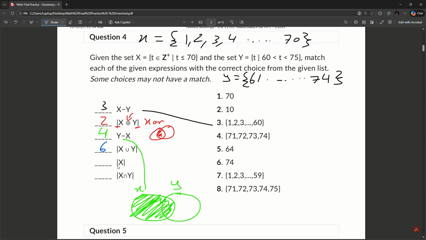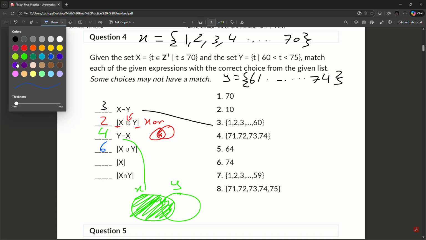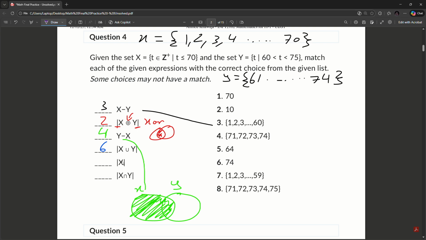And then for the total number of items inside x, that is 70, because there are 70 items inside set x.